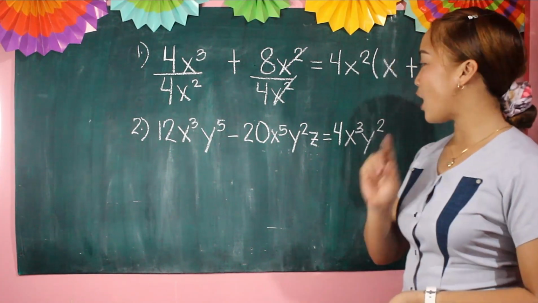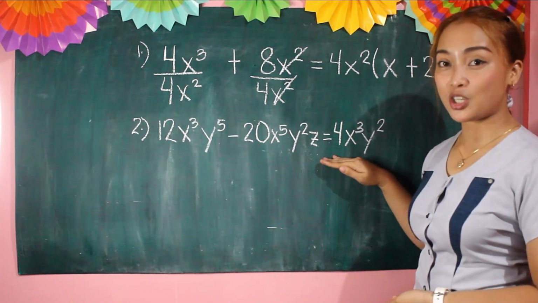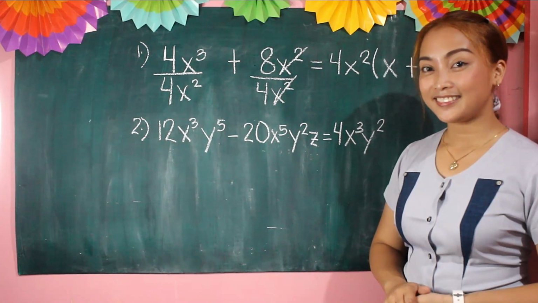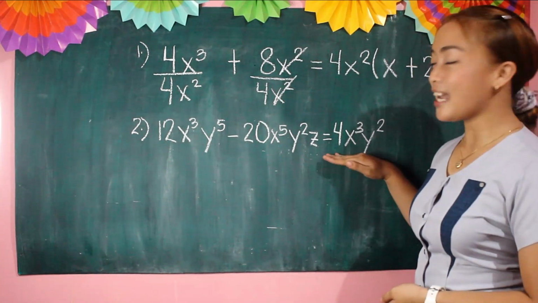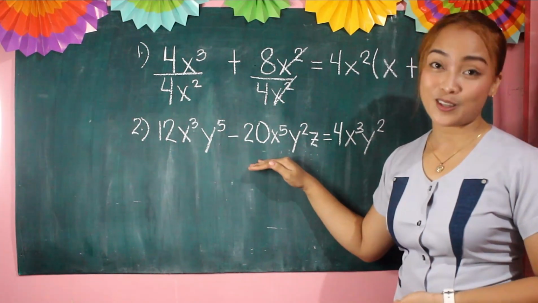Now, we have our first factor, 4x cubed y squared. Ano ang next dapat gawin? Yes, let's divide our greatest common monomial factor to each terms.